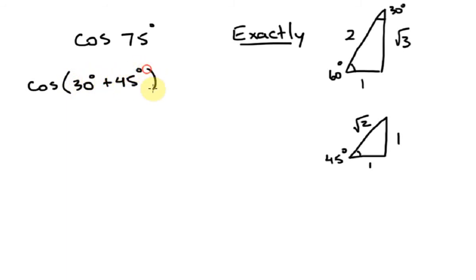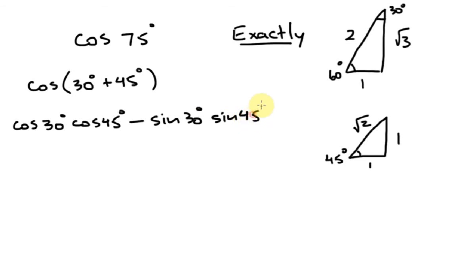So then I go, hey, yeah, I can do this because I have an identity that tells me how to expand this apart. So I'm going to go cosine of the first, cosine of the second, minus sine of the first times sine of the second. And suddenly I look at this and I go, that's not going to be that tough. I can just read all of these off my special triangles.